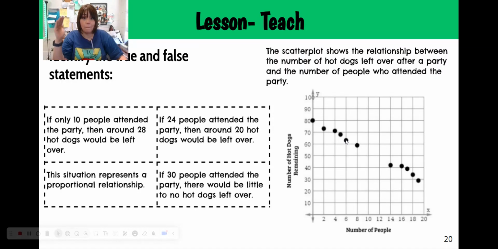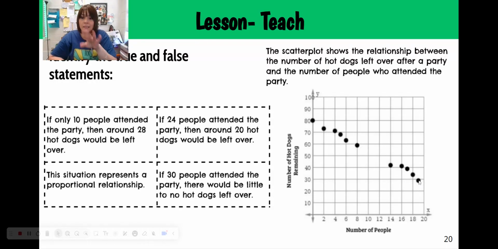And as there's more people at the party, so as the X value gets bigger, like 20 people, there are less hot dogs left over after the party. So we would call this a negative correlation. And since it kind of makes a line, this would be a negative linear correlation.